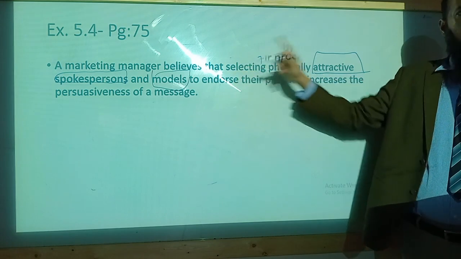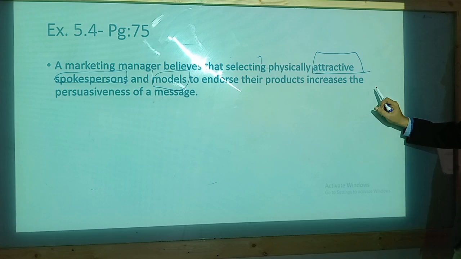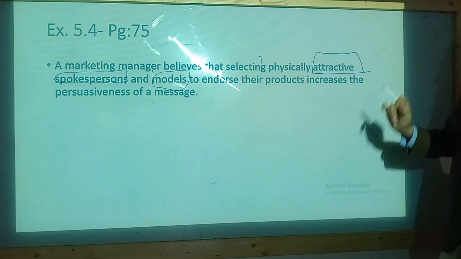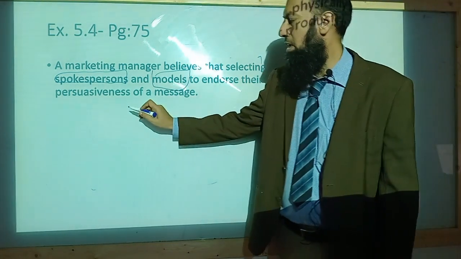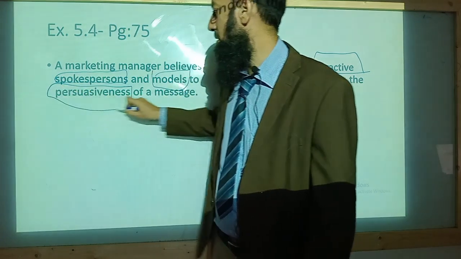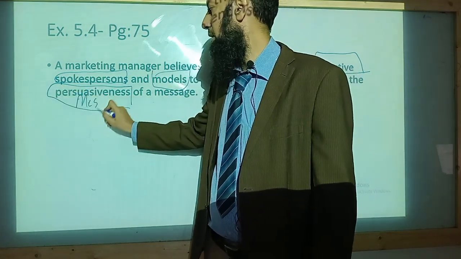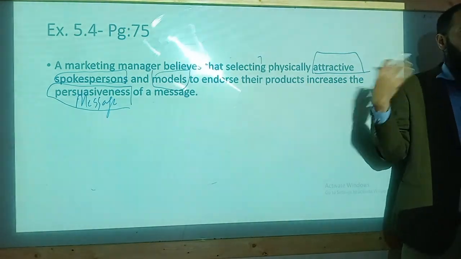The variable would be to endorse their products increases the persuasiveness of message. Message persuasiveness is the variable. Okay? It should be a complete one because persuasiveness could be of any kind.